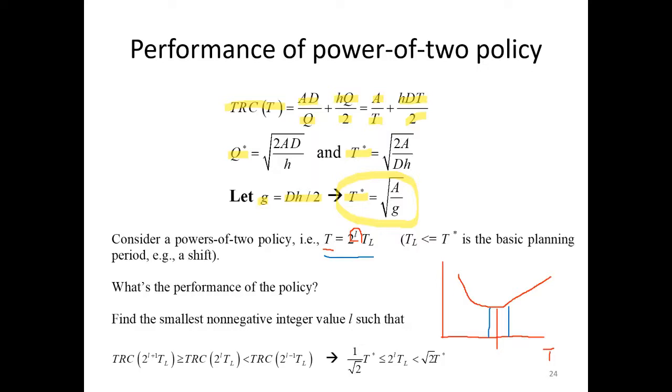Now, in order to see how the value that we choose is different and how that affects the total relevant cost, generally we have to choose the value of L such that the total relevant cost is bounded by 2 values: the value of the total relevant cost when L plus 1 is used, and the value of the total relevant cost when L minus 1 is used.